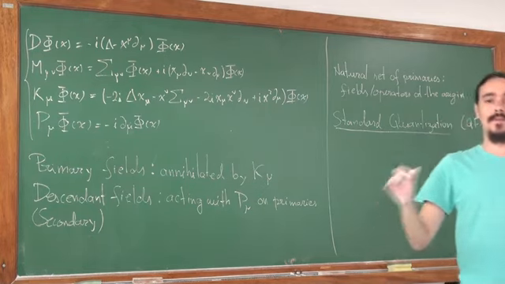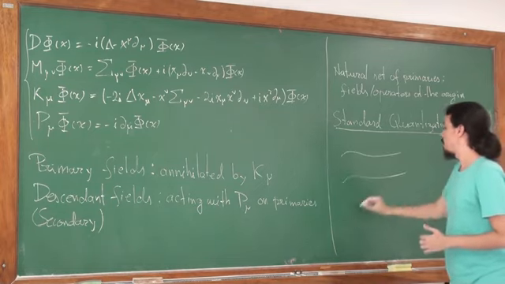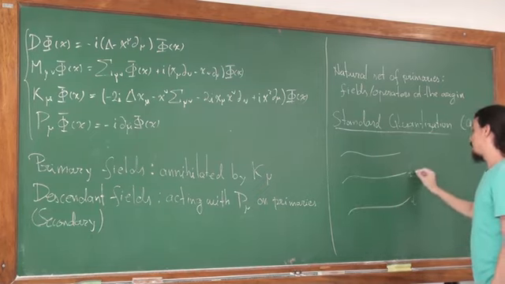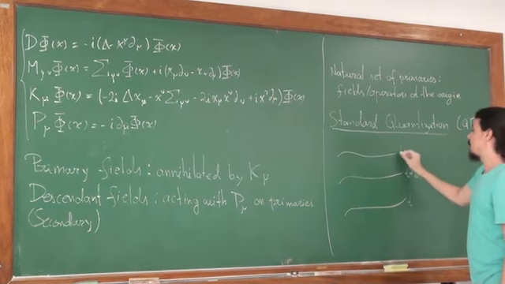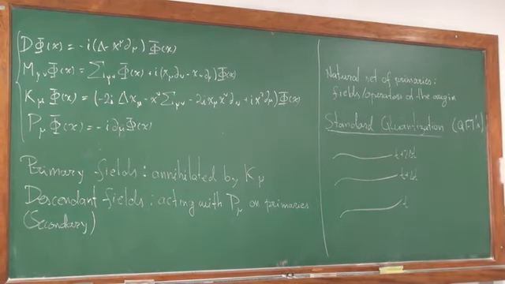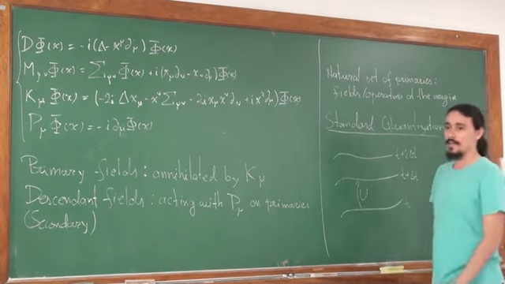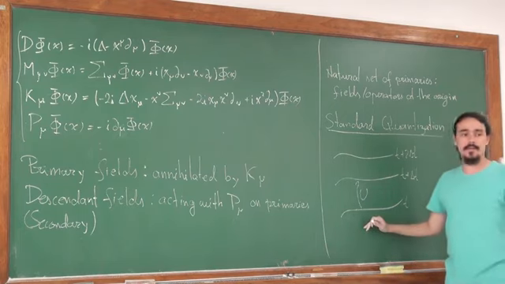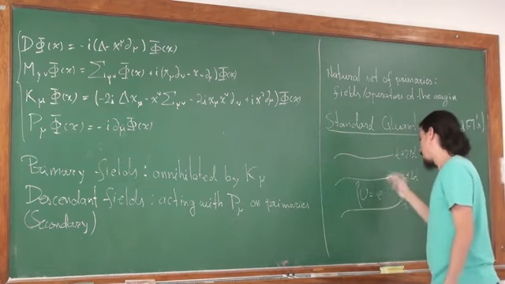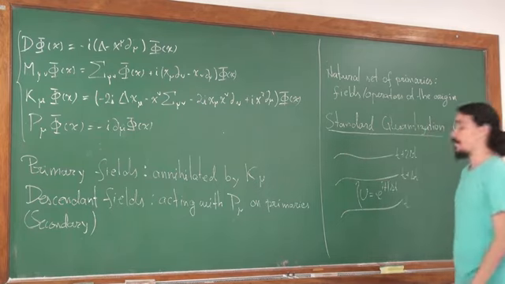Say this is t, then this is t plus delta t, then t plus 2 delta t, and so on. You have an evolution operator U that takes you from one equal time surface to another, and it is built from the Hamiltonian.